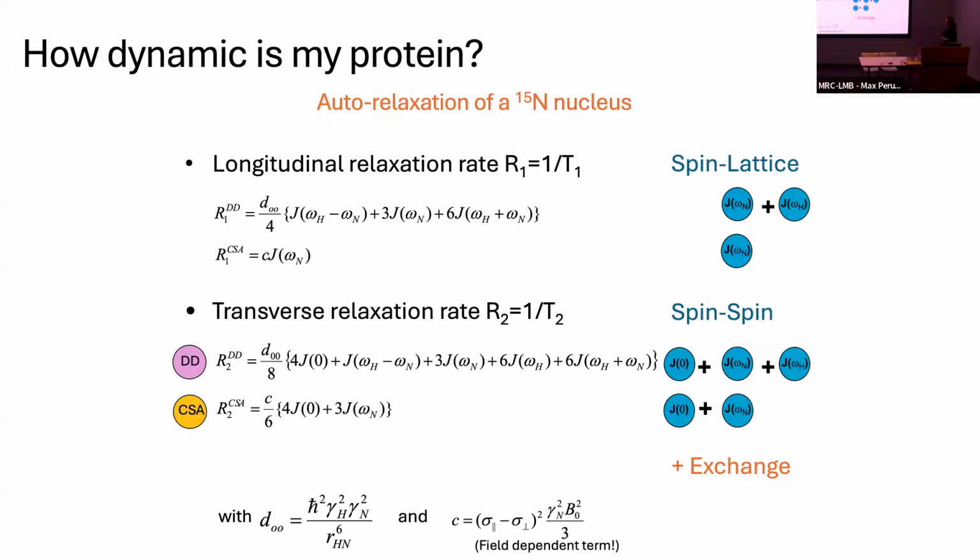But what's interesting is that T1 data can be influenced by the overall shape of your molecule, whether it's anisotropic or isotropic, and your T2 is heavily influenced by the overall size of your system.